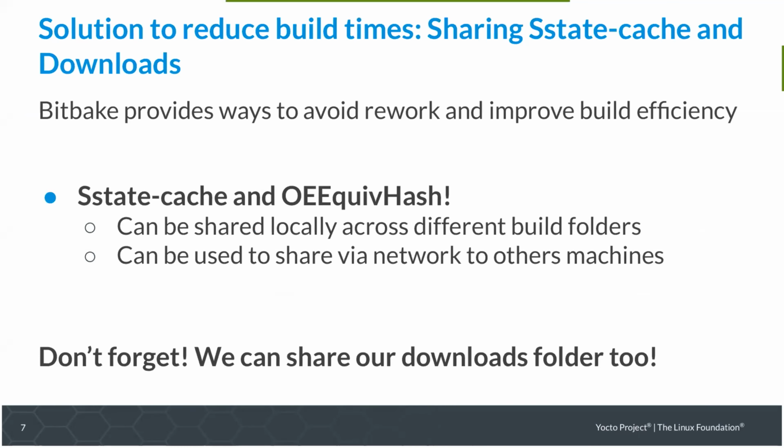So the solution that the OpenEmbedded and Yocto community provides off the shelf is the shared state cache and the hash equivalence server. The two of those can be shared.